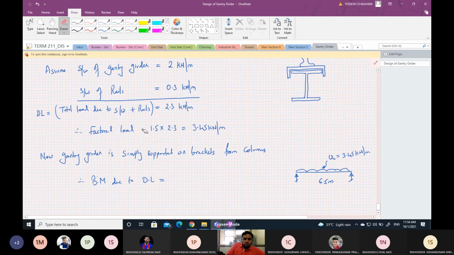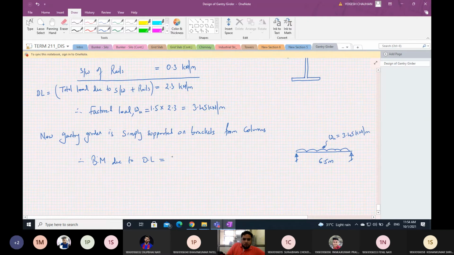This is WU. So the bending moment will be 3.45 into 6.5 square by 8. So this moment will be 18.22 kilonewton meter.